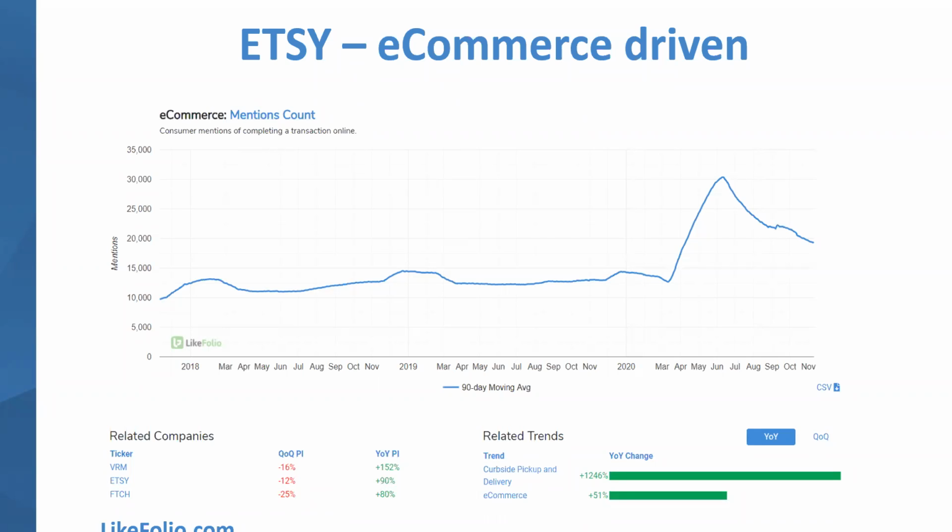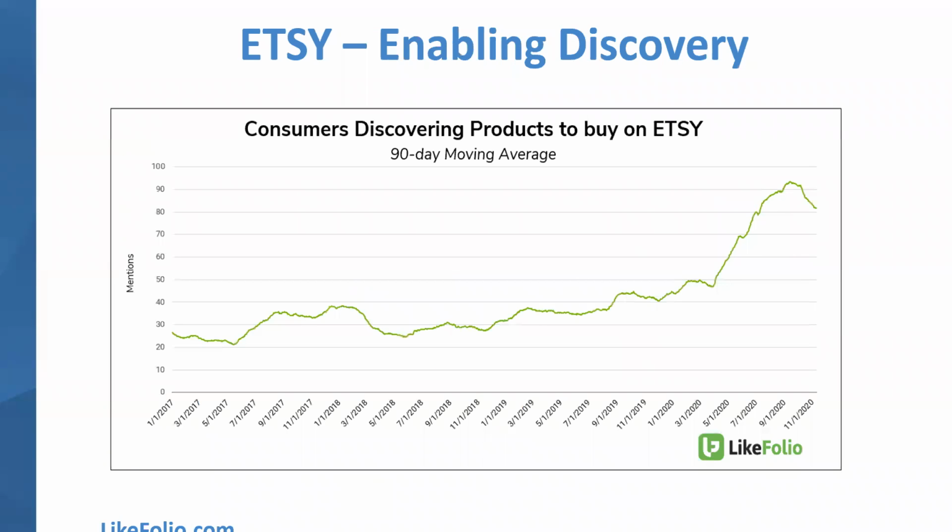So this is kind of the case for Etsy, if you will, and some of the trends that are helping to propel it. I talked about that personalization before too, but what's interesting is you still see a discovery element that Etsy brings to the table.